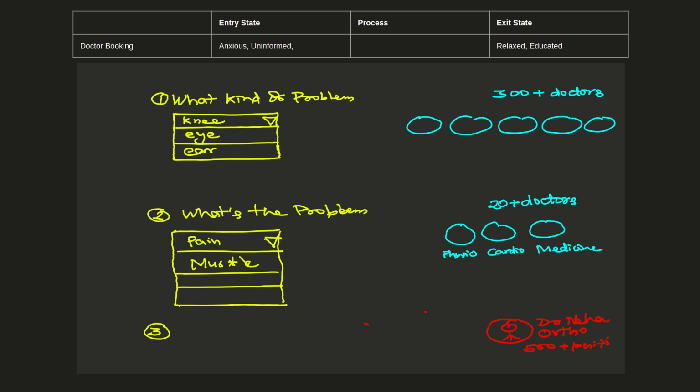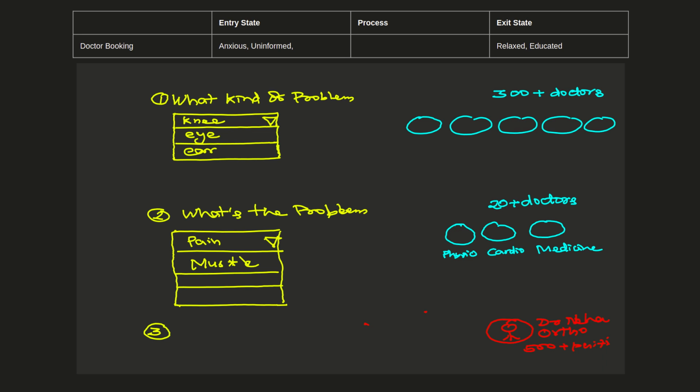So there is a doctor booking site, right? You show a lot of doctors, and you ask, this is an orthopedician, this is a physio, this is a cardiologist, these kinds of people. What you want to achieve is that they click on one, and then they go to book them, right?